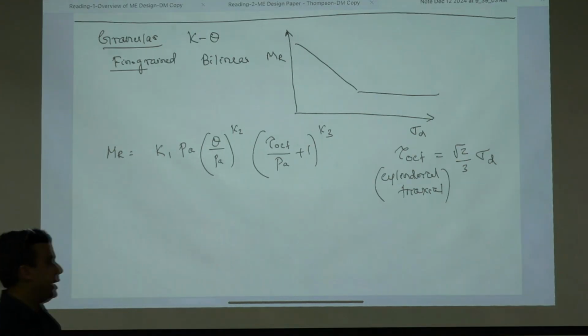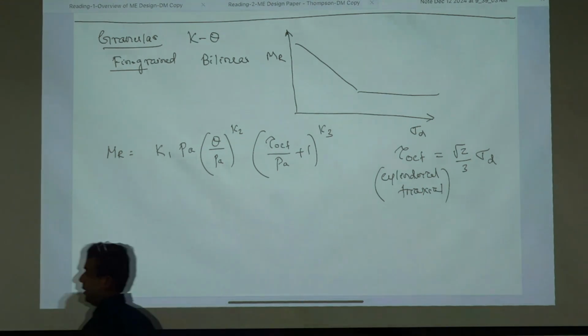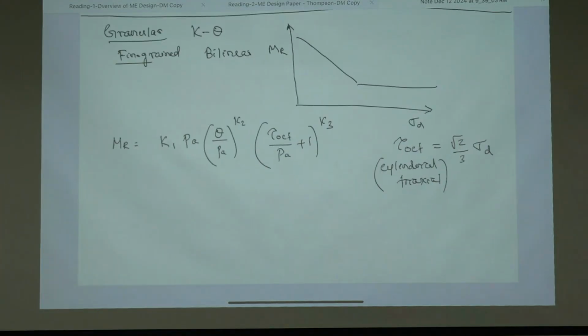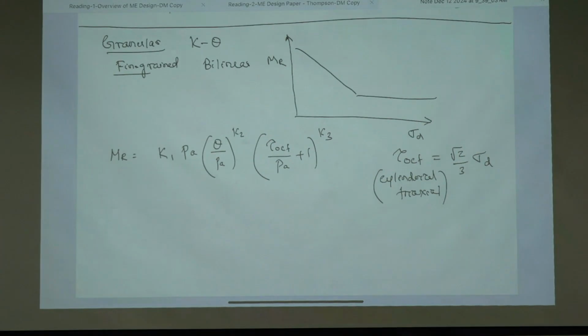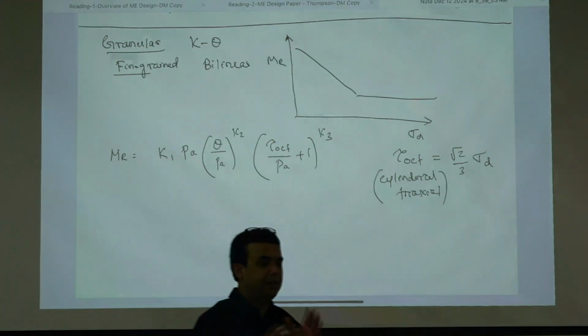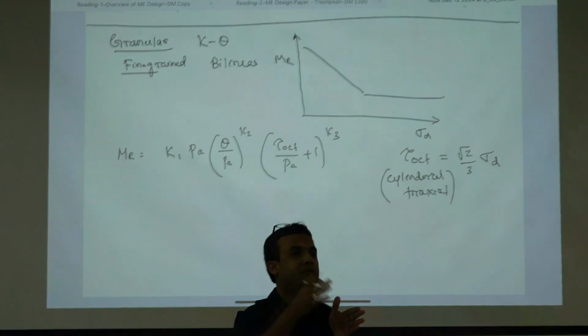Now you will see that even in MEPDG, the mechanistic empirical pavement design guide, the forward analysis, as I said, it's not really a design, it's basically analysis and performance prediction.